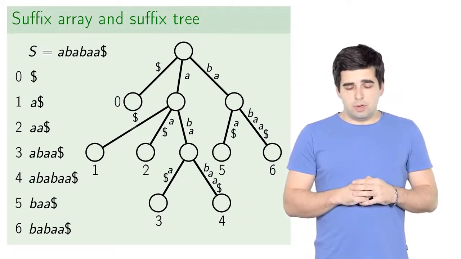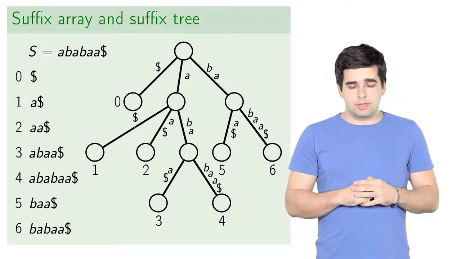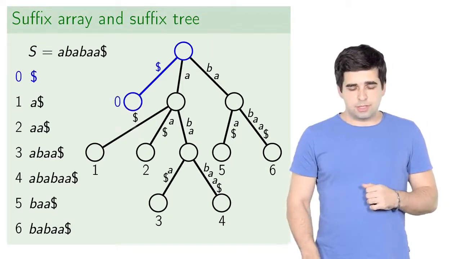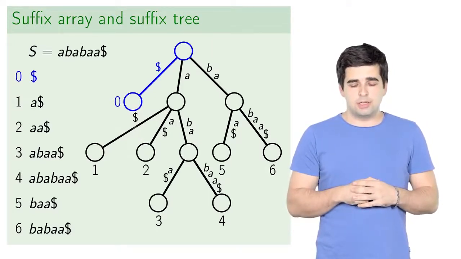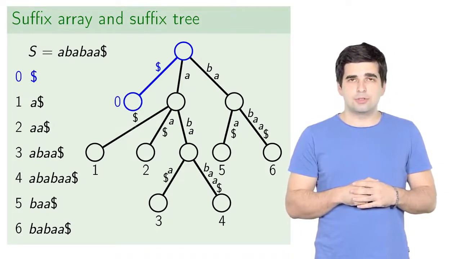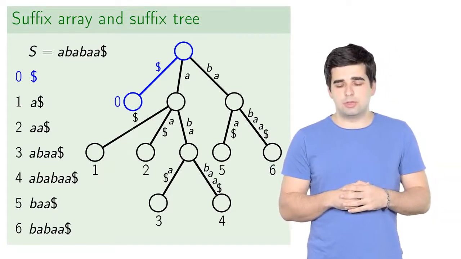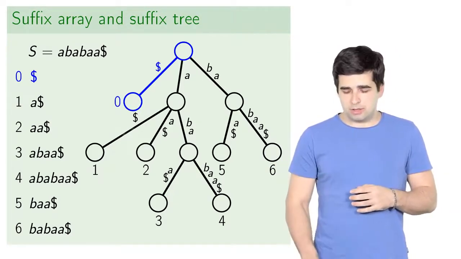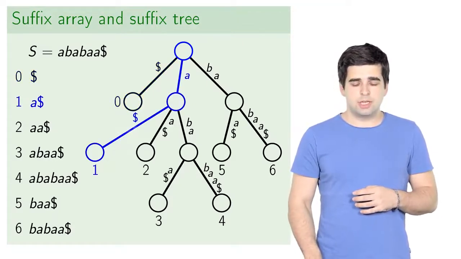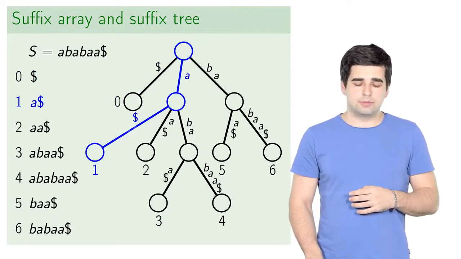So, what corresponds in the suffix tree to the suffix array elements? Let's take the first element of the suffix array. Actually, it is corresponding to a suffix in the string S, and that is corresponding to a leaf in the suffix tree, and also to the path from the root vertex to the corresponding leaf vertex in the tree. So the first element of the suffix array corresponds to this path highlighted in blue, and then if we go to the next element of the suffix array, we get another path from the root vertex to the leaf number 1.